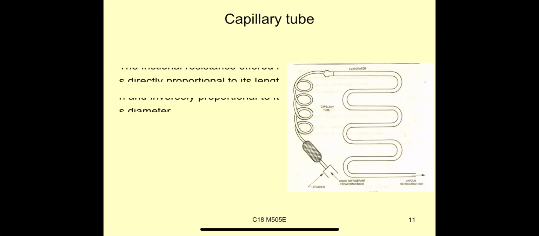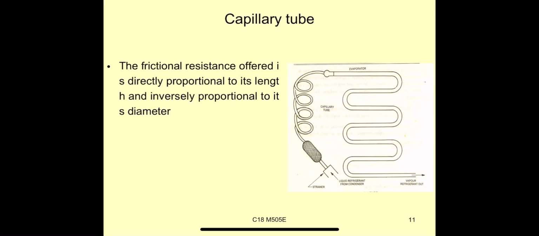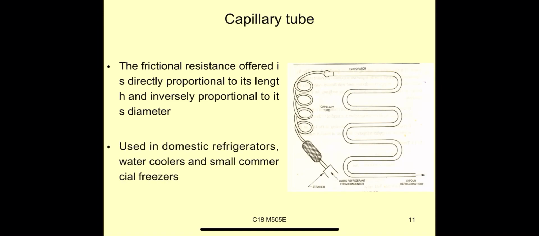The frictional resistance offered is directly proportional to its length and inversely proportional to its diameter. It is used in domestic refrigerators, water coolers, and small commercial freezers.